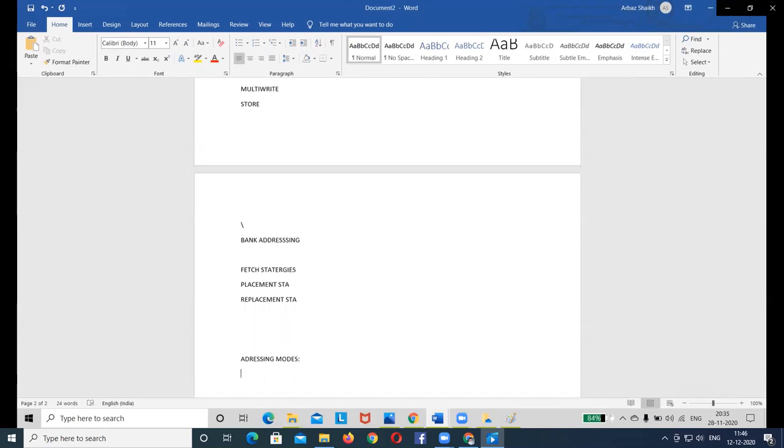So the first one is immediate addressing mode, where the instruction itself contains the value to be used, located in the address field of the instruction. In this addressing mode, the value is stored immediately after the instruction, which is similar to using a constant in a high level language.